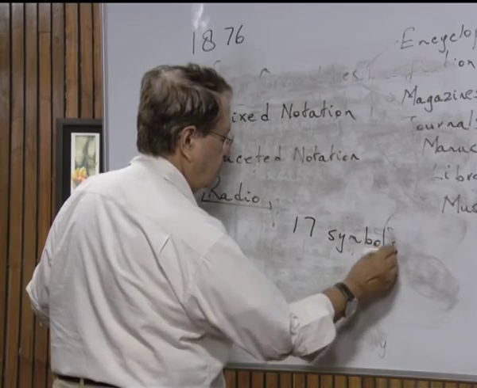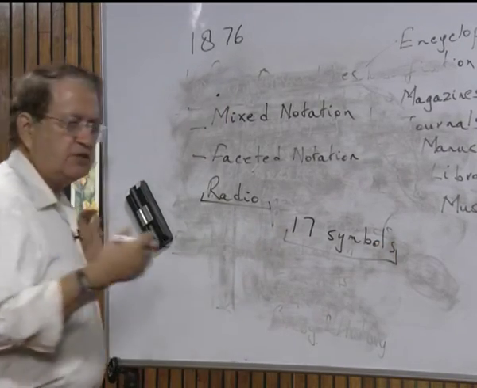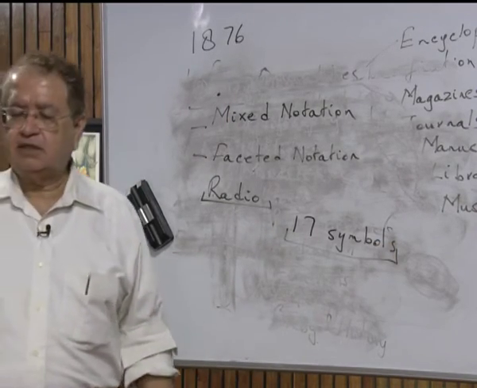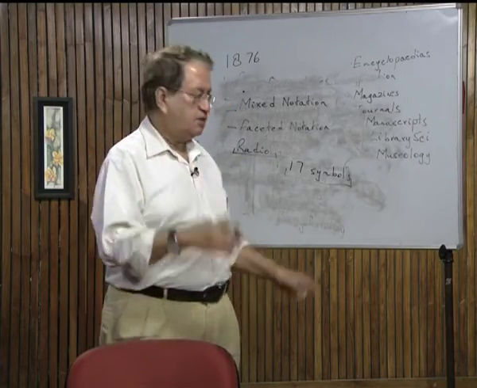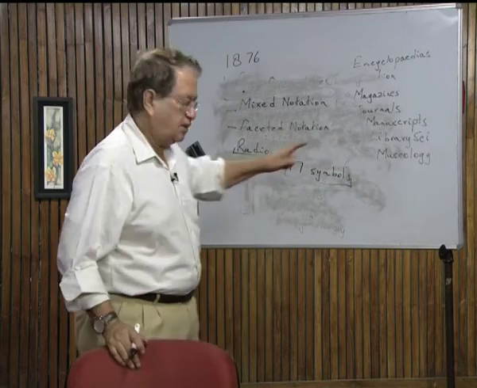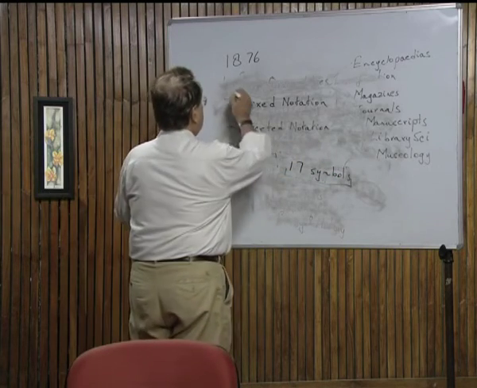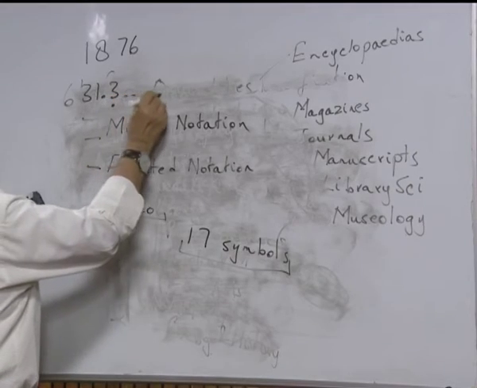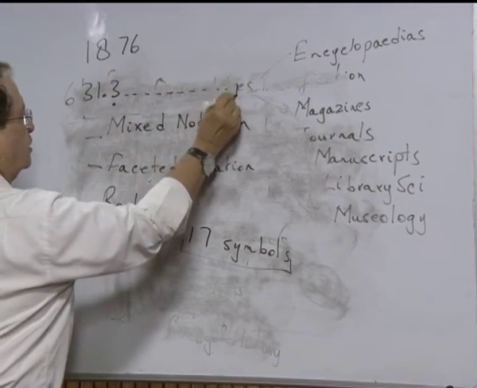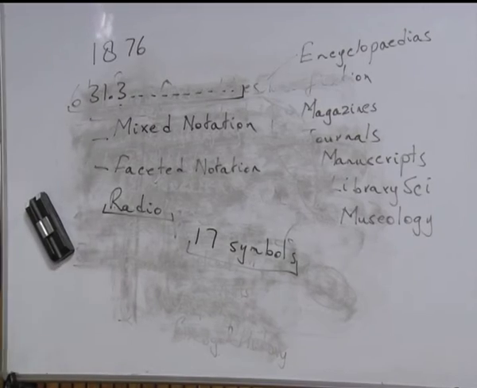So, try to think that radio is something which is very basic. This is technology which is more than 100 years old. For that, if the symbol that you have has more than 17 numbers, meaning it is something like 631.3 and it goes on like this.